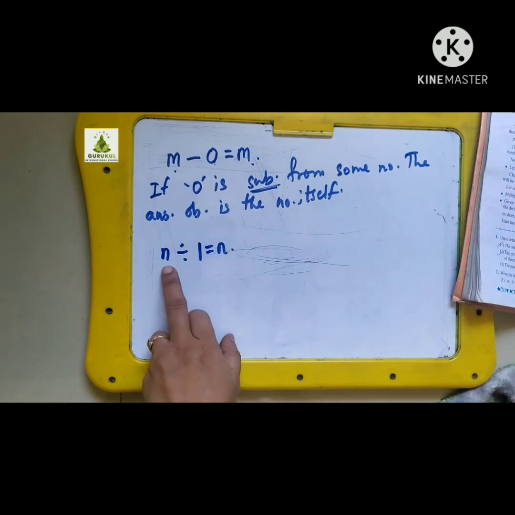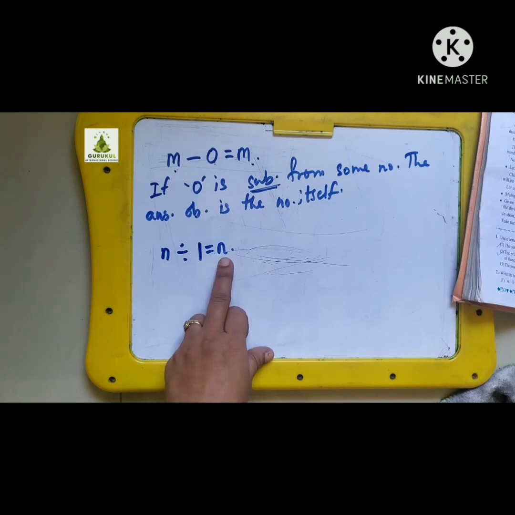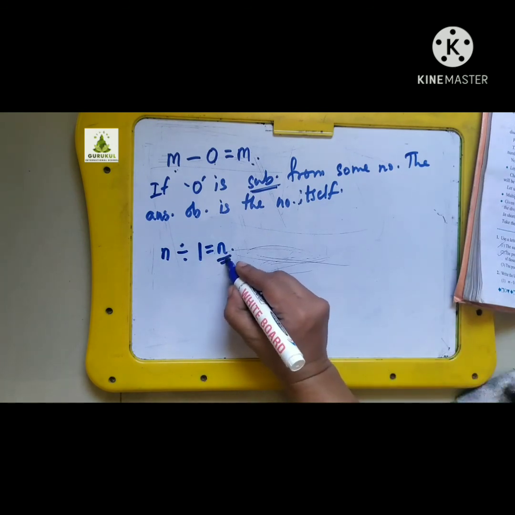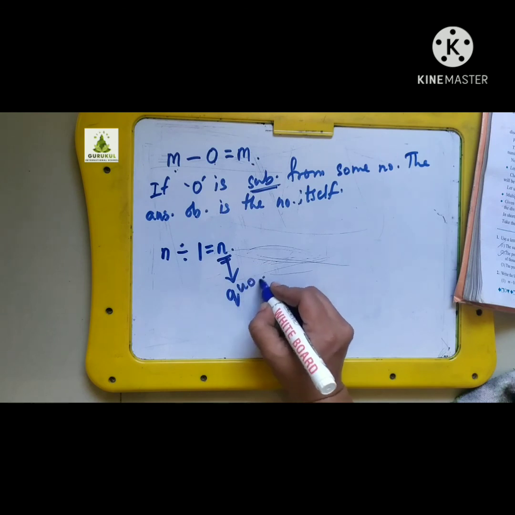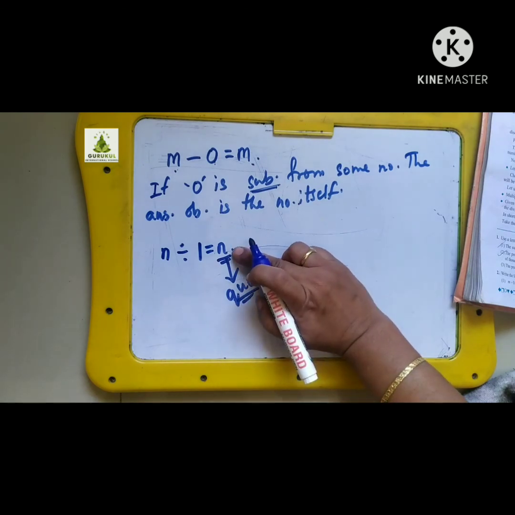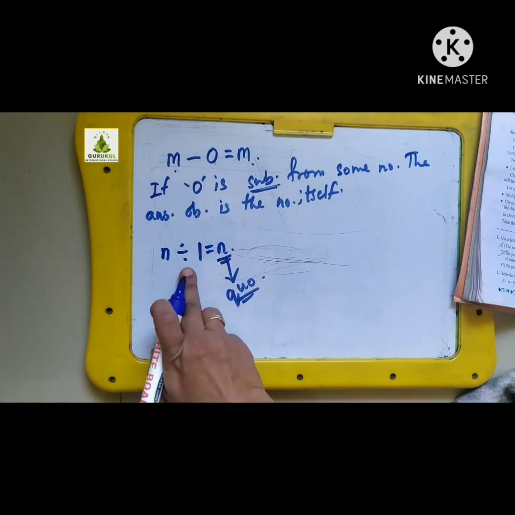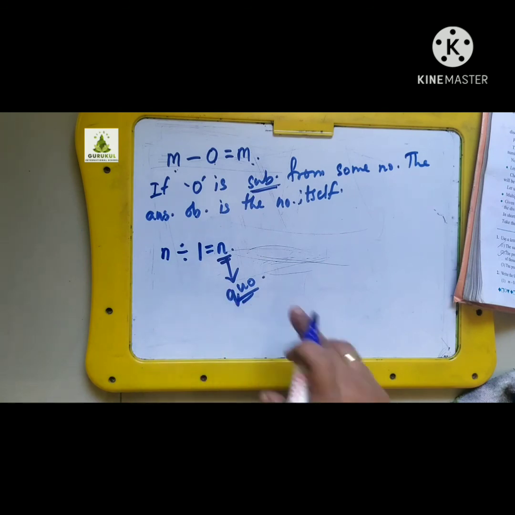Here again n is any number, it is divided by 1 and you get the number itself. So we can say that the quotient of any number divided by 1 is the number itself.